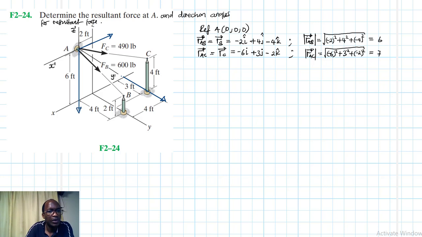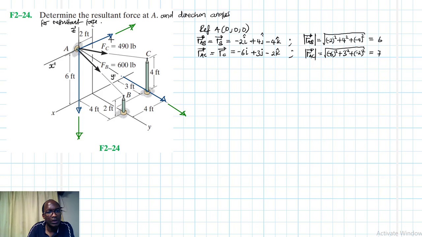In the other one, we are also going to have a component in that direction, like so, and another component in this direction, and another one in this direction. So let's label them.